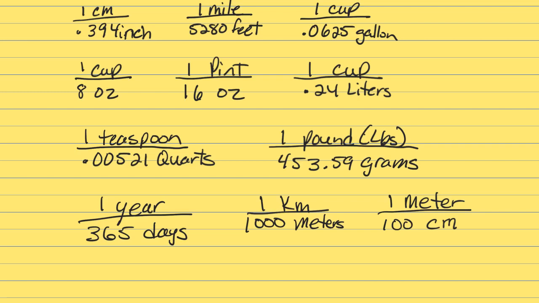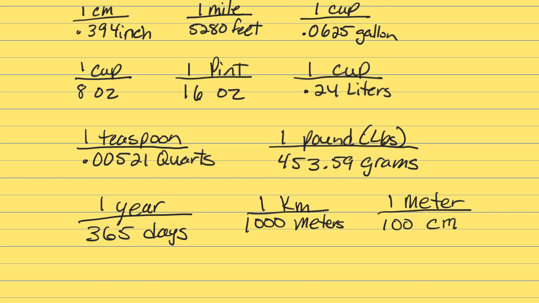So there's pints to ounces, and I've got cups, and I have cups to liters. So it looks like I have to go pints to cups to liters. 16 ounces. And I want to get to cups, so I've got 8 ounces is 1 cup, equal to 0.24 liters.